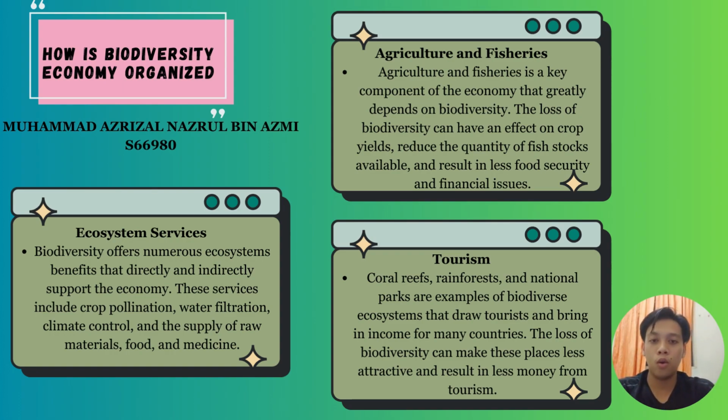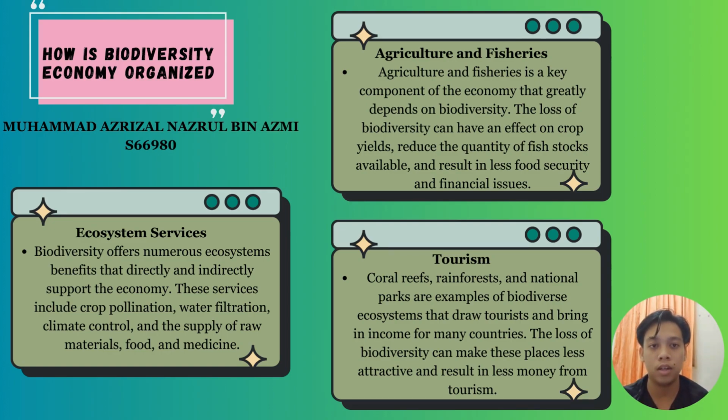Next is how the biodiversity economy is organized. First one is ecosystem services. Biodiversity offers numerous ecosystem benefits that directly and indirectly support the economy. These services include crop pollination, water filtration, climate control, and the supply of raw materials, food and medicine.